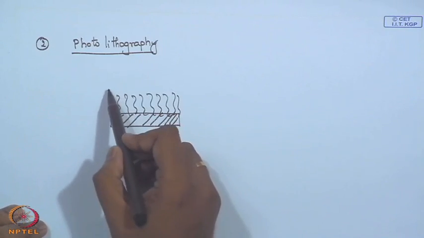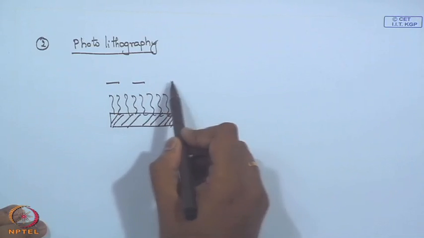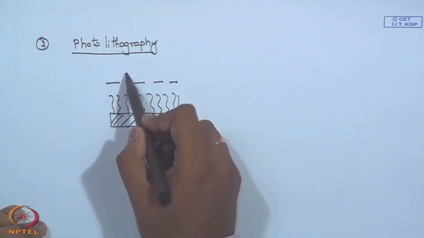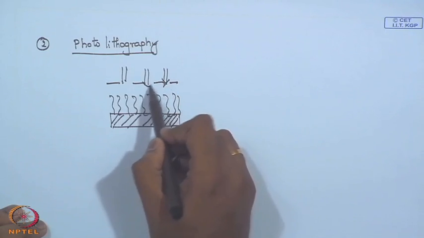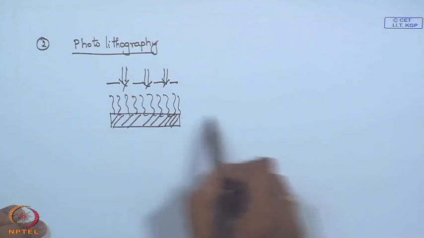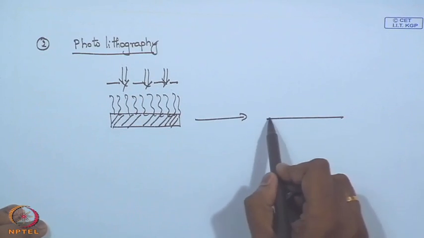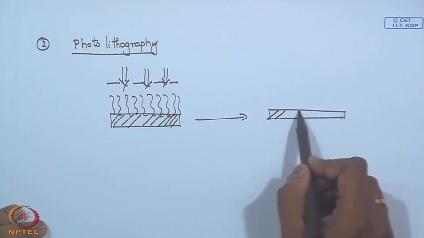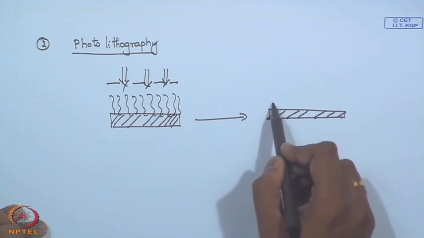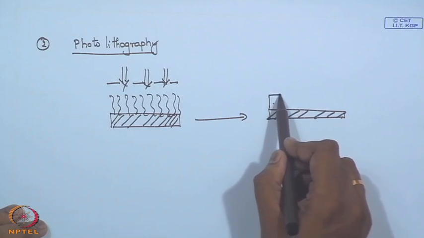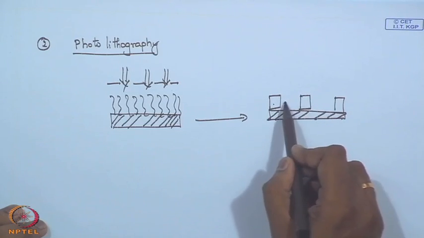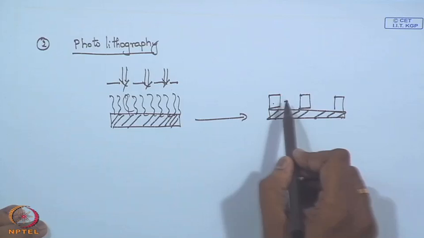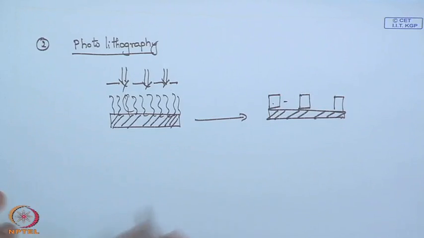Then you keep a mask on this and shine light. Wherever the light goes, that area will be removed, so you will have gaps, and you can create a stamping. That's the process you have studied as a photoresist.